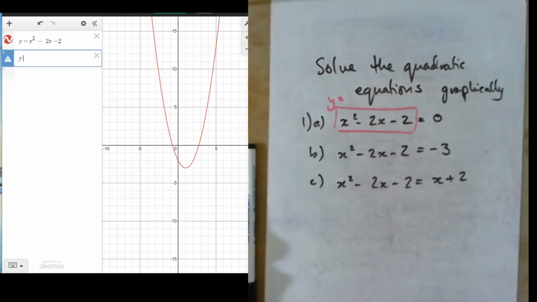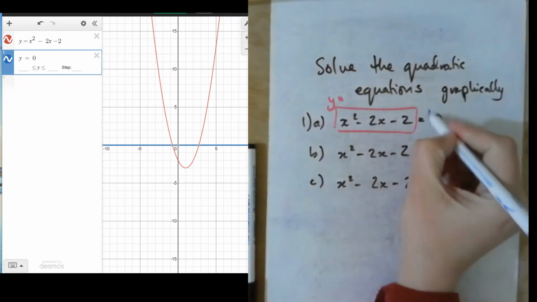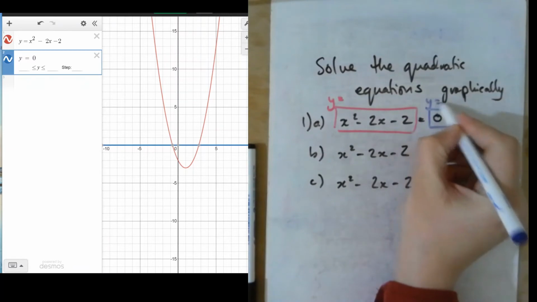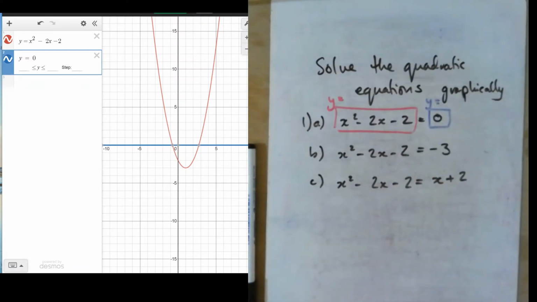I'm going to say y equals 0. That's this side. Y equals 0. So I've drawn the two graphs. You don't need to worry too much about these steps right here. All I need to do is look at where these two graphs intersect.